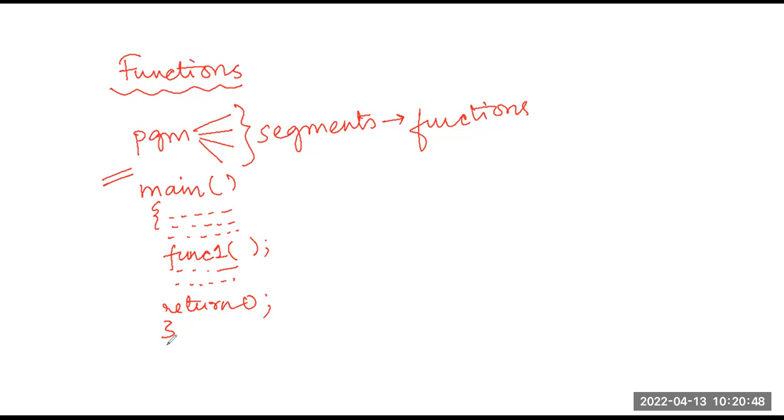Now below this main, there is no space in this area, so I am writing over here. There you need to write whatever the function will do, that statement block you need to write inside the function block. Suppose your function is doing addition. So here you will write everything related to the addition.